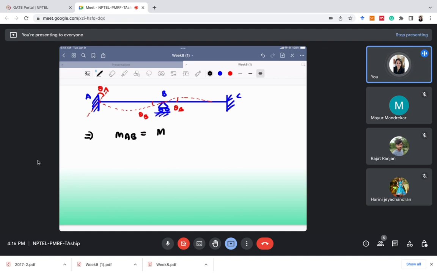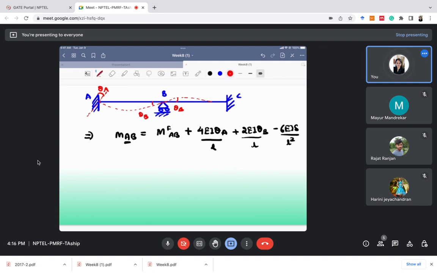It will be MFAB, that is the fixed end moment at AB, plus 4EI theta A by L, because A is coming here first, plus 2EI theta B by L minus 6EI delta over L square. So this is the slope deflection equation for MAB.